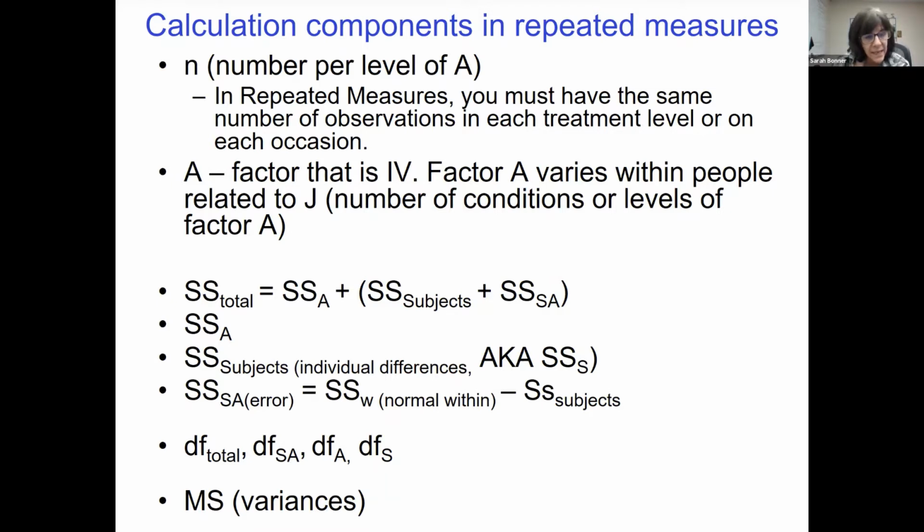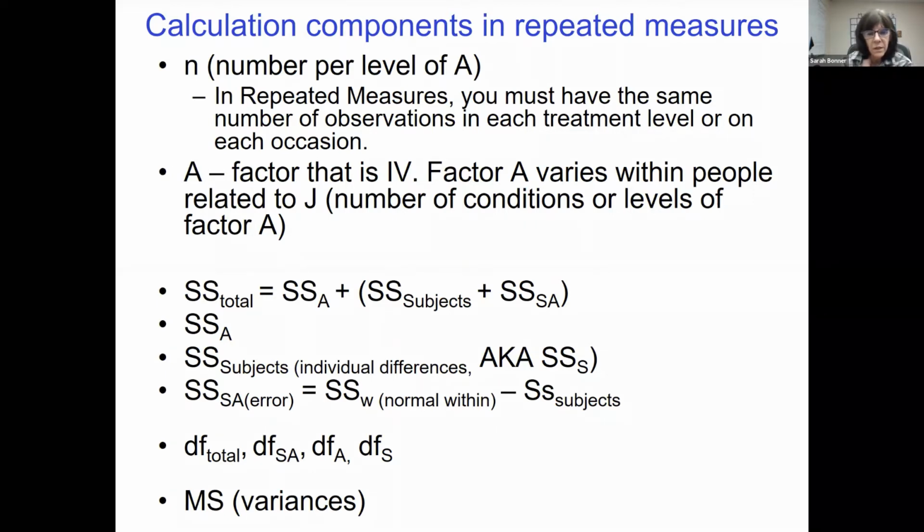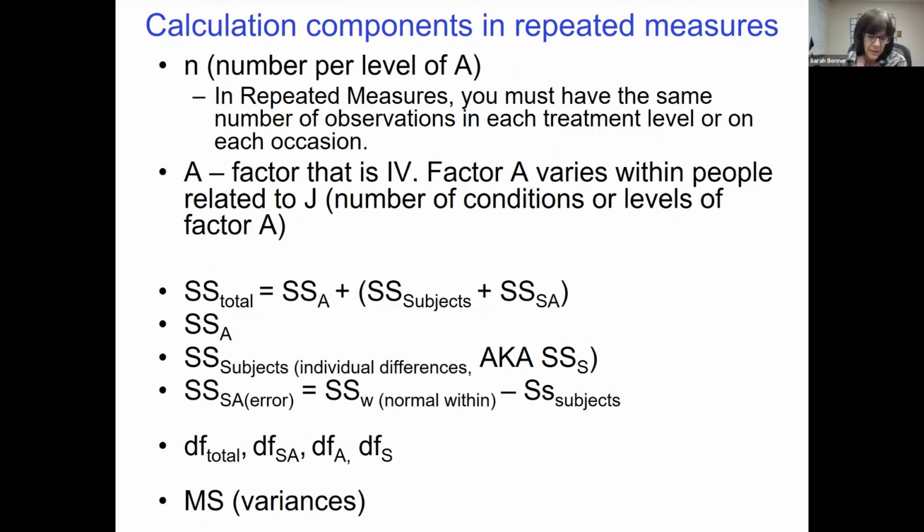So SSA is the factor, SSS is the individual predictable differences, and SSSA is your overall error term, where the error term is composed of your normal residual error, which is reduced because you've deducted the SSS, the predictable variation, because subjects are due to individual differences, because subjects are measured multiple times.